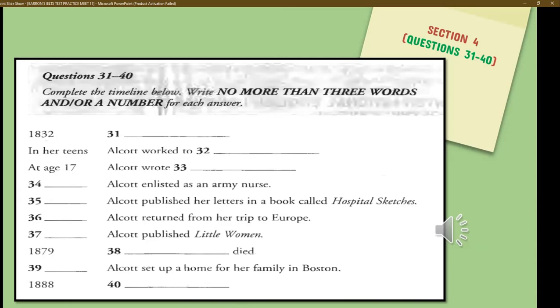First, you have some time to look at the questions 31 to 40 on page 87.